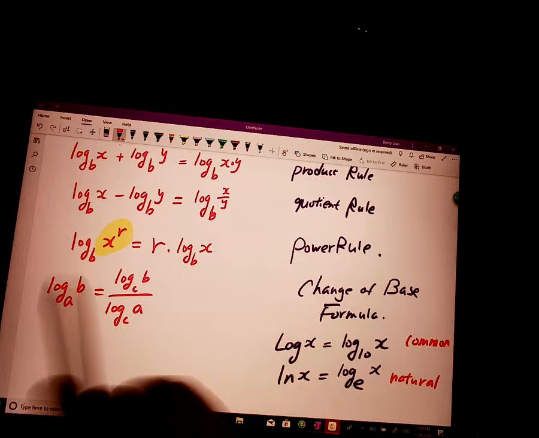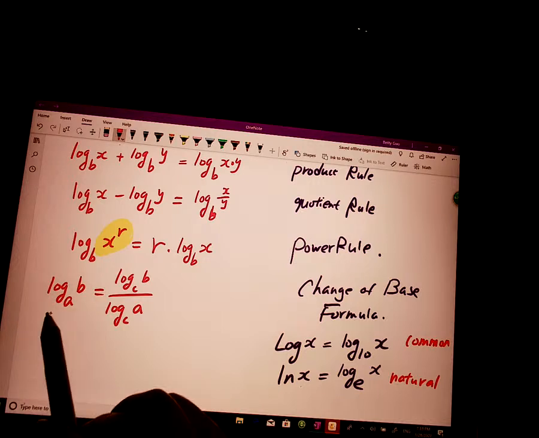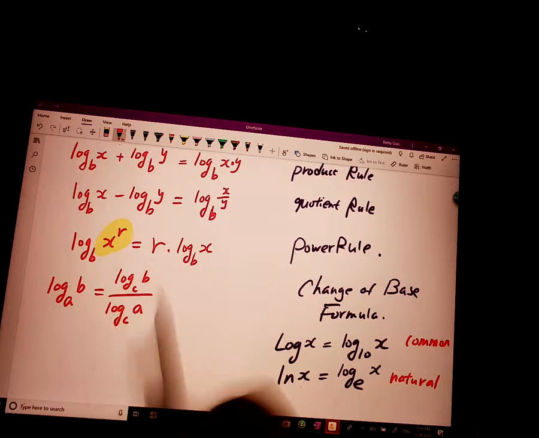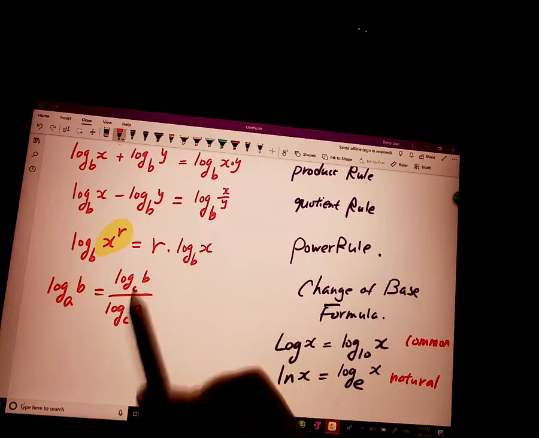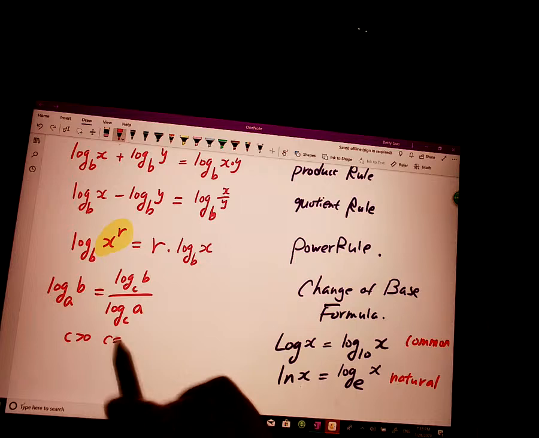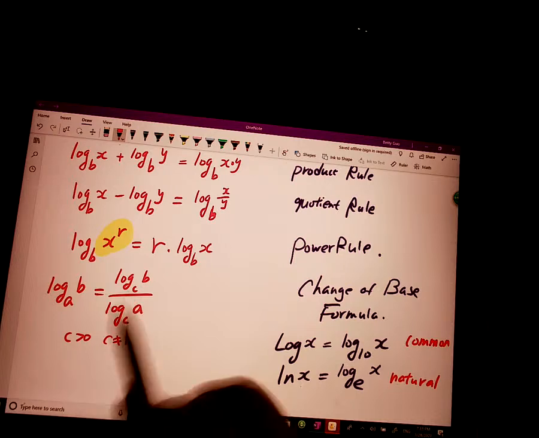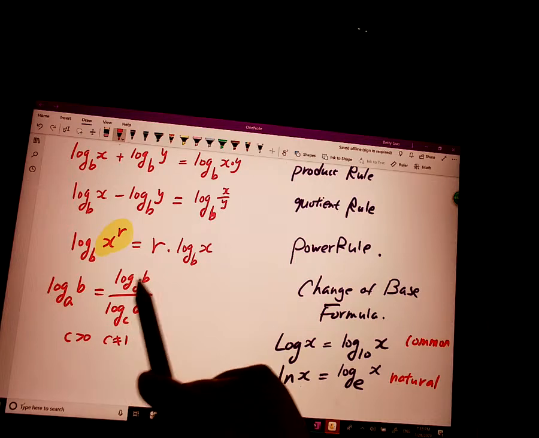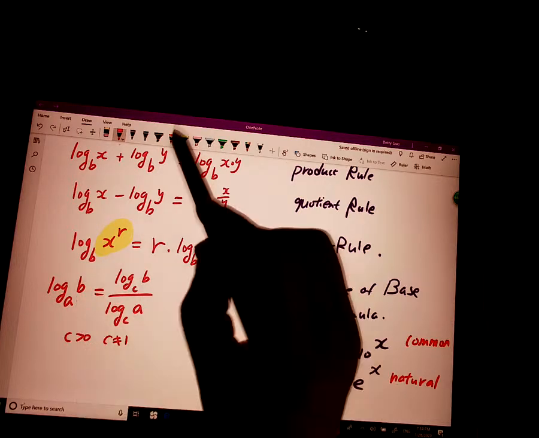Turns out you are able to write this log as a quotient of 2 logs with like bases. Like bases means they have the same base. c could be any positive number not equal to 1. Any number is okay. On the top, the anti is b. You see what happened here?